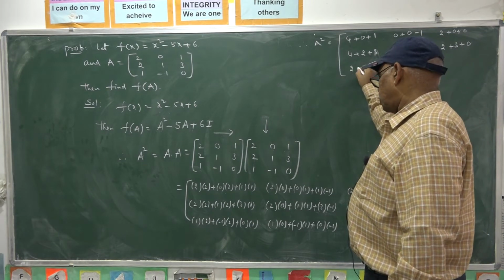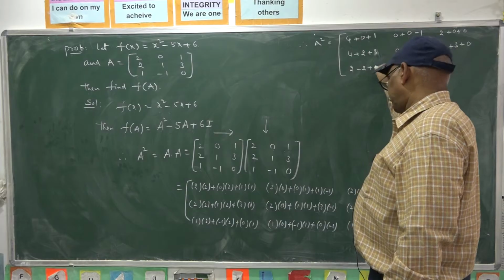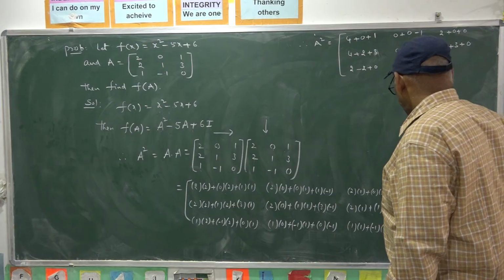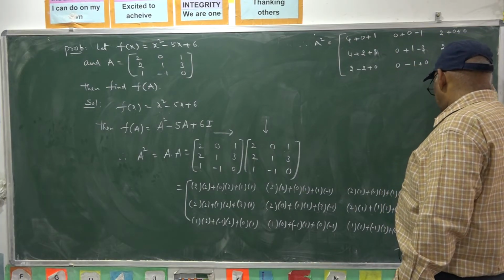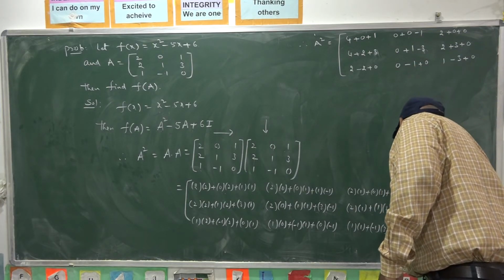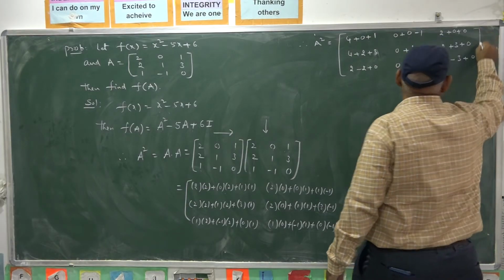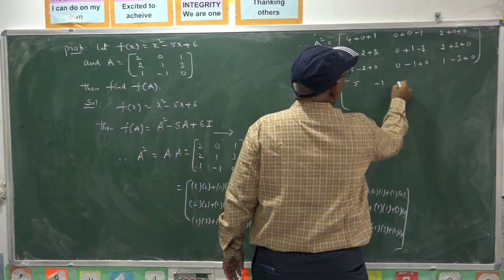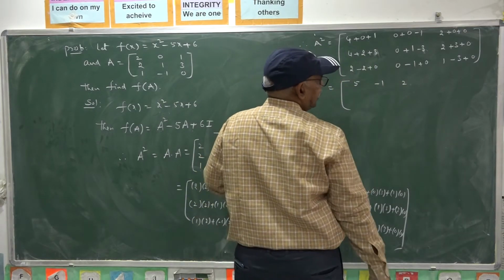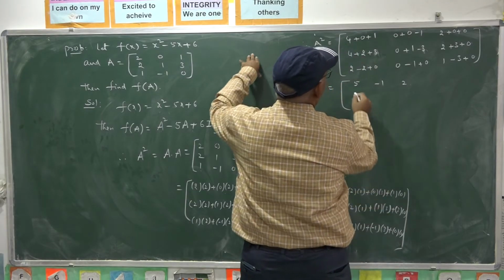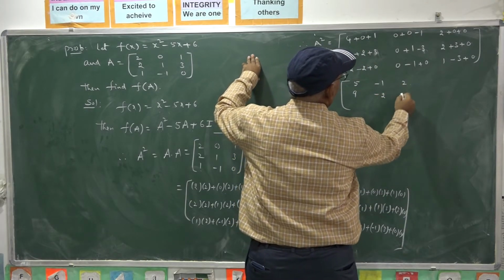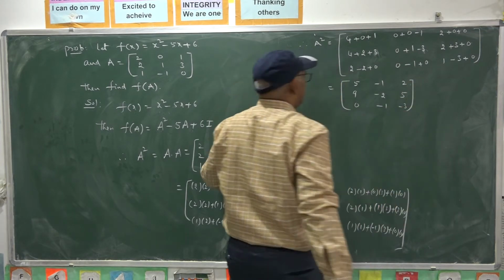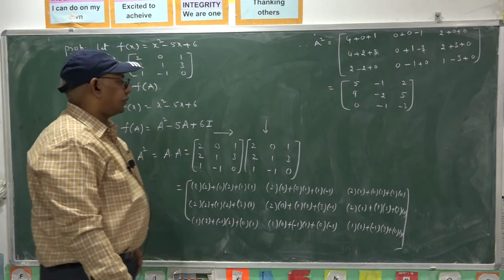Third row is 2 minus 2, 0, and 0 minus 1, 0, 1 minus 3, 0. That is equal to 5, minus 1, 2, 9, minus 2, 5, 0, minus 1, minus 3. This is our A square.